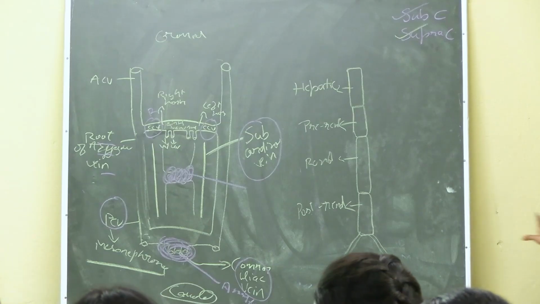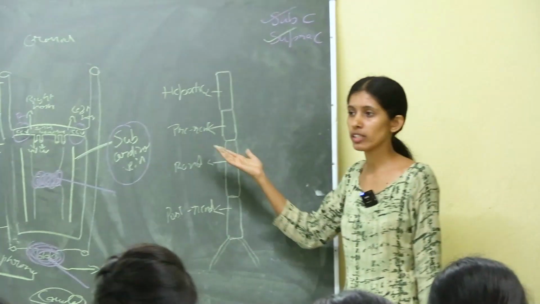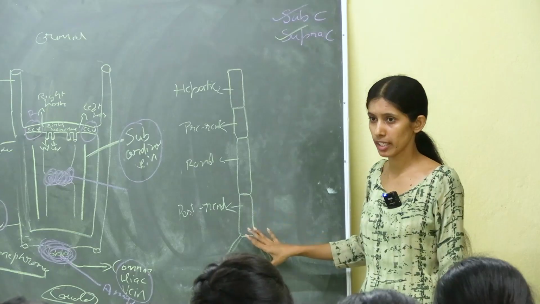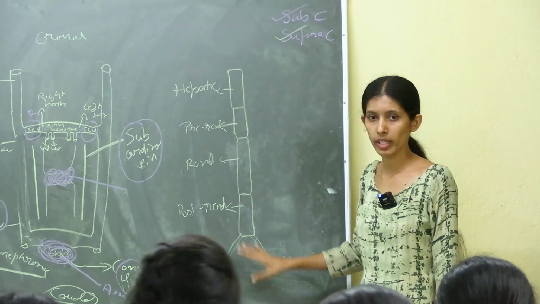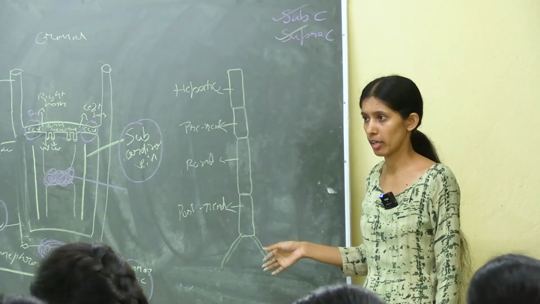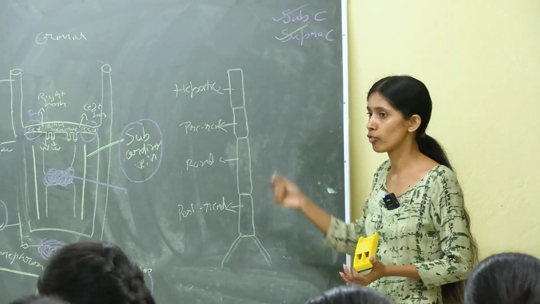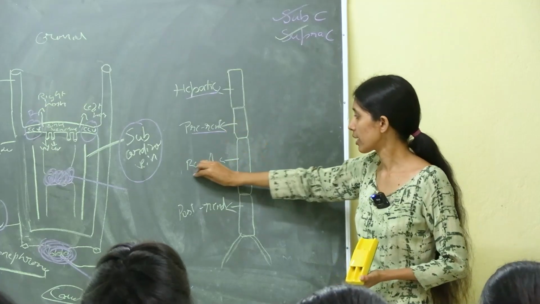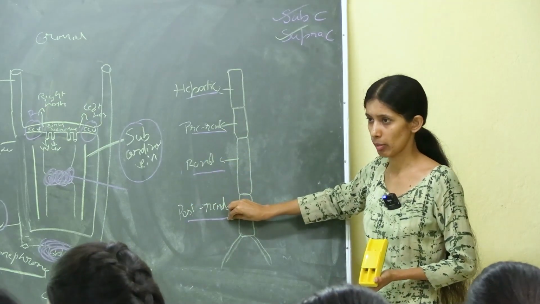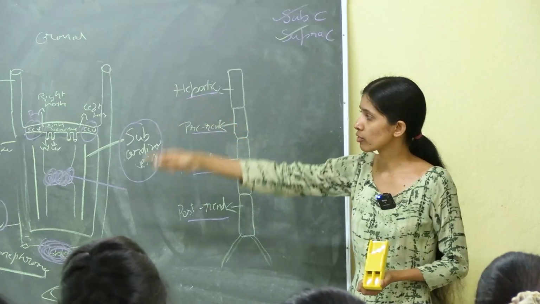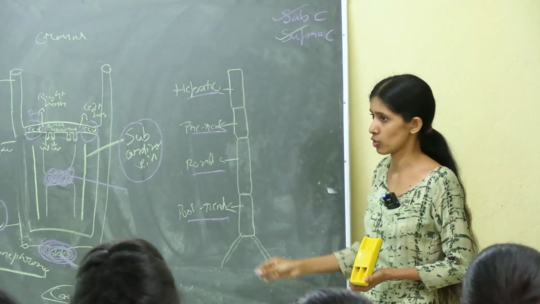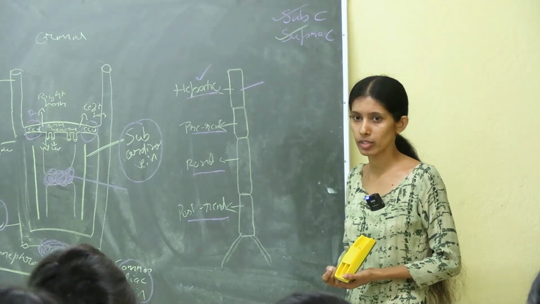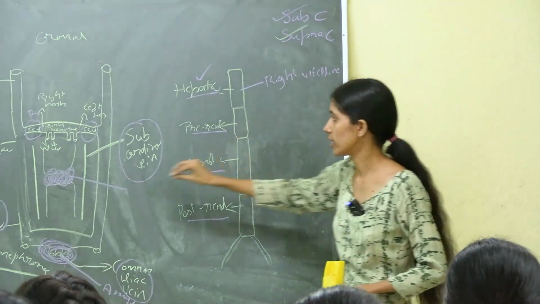So we have already seen what is happening in the cranial part. Now the caudal part, whatever remains, that means below the kidney, is converting into this structure. Okay, this is your inferior vena cava. In the inferior vena cava, we have 4 important segments: hepatic segment, pre-renal segment, renal segment and post-renal segment. We'll see which part from this structure forms this structure. Your hepatic segment is formed by right vitelline vein.